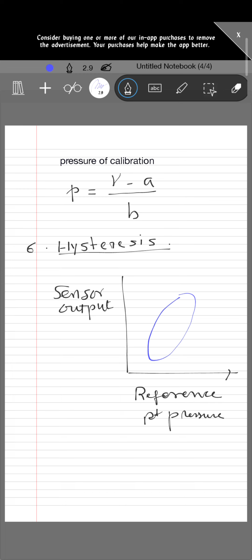So with an increasing pressure we get one curve, and this is for the decreasing pressure.